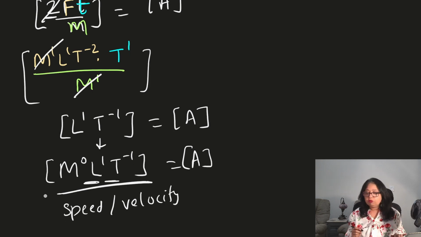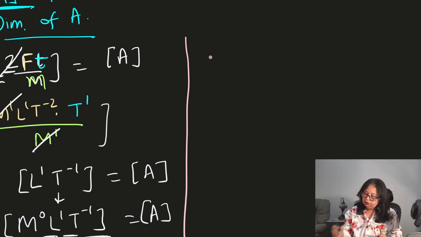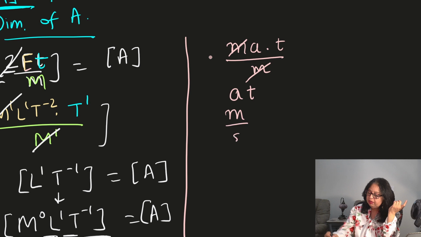Did you want to solve it using units? Yes, you could. Here, let's do it. On the left-hand side, I would write F as mass times acceleration. Then I have T divided by m, so the m's cancel out. I'm left with A times T. A is meters per second squared, times T, whose unit is seconds.